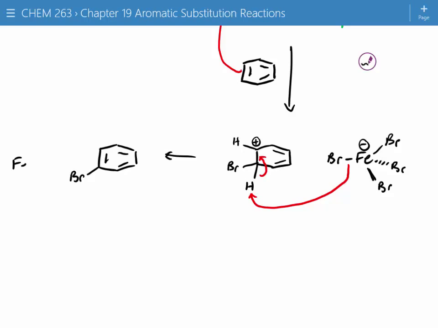And then we get our regenerated iron tribromide catalyst. So in the end, we can very easily brominate a benzene ring by using iron tribromide and bromine.